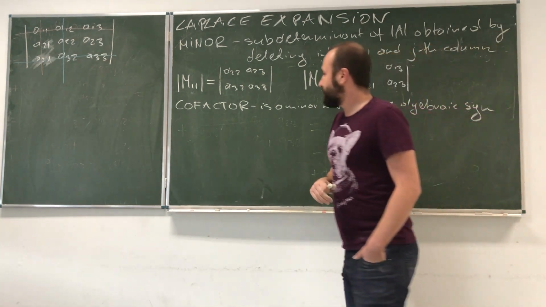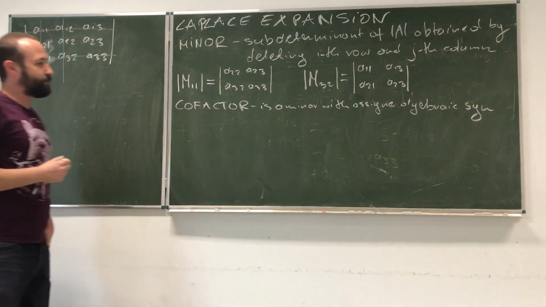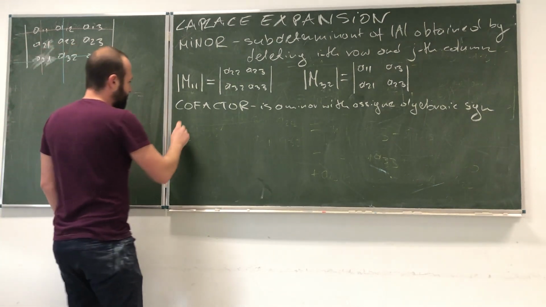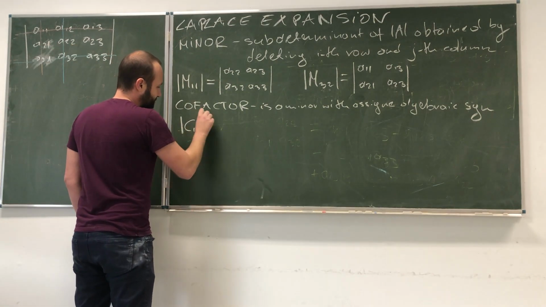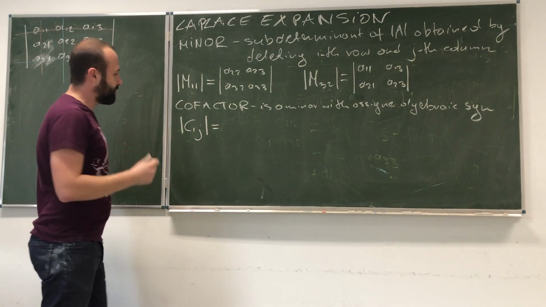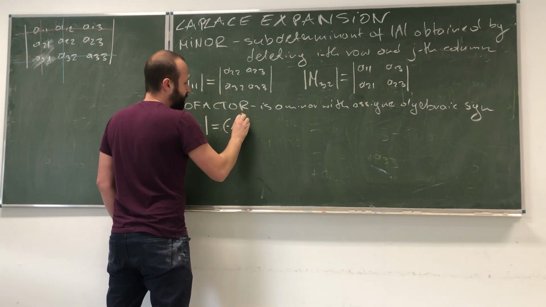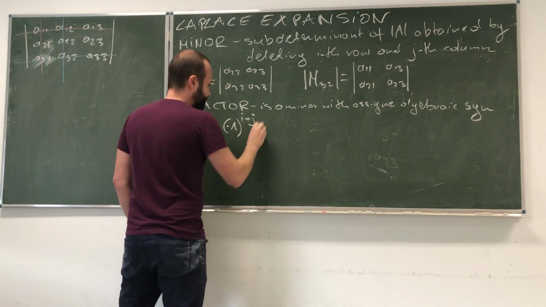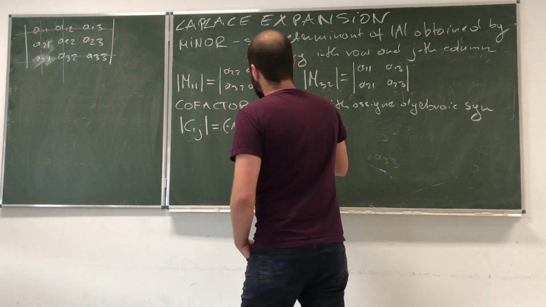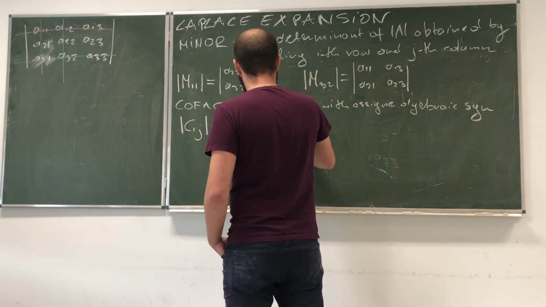How do we know whether we should add plus or minus? This is really simple because we can write this down easily in the form of the formula: negative 1 to the power i plus j, and the rest is simply the minor.